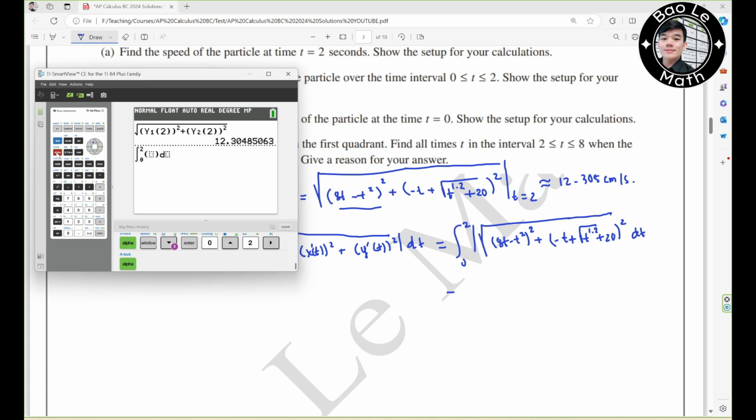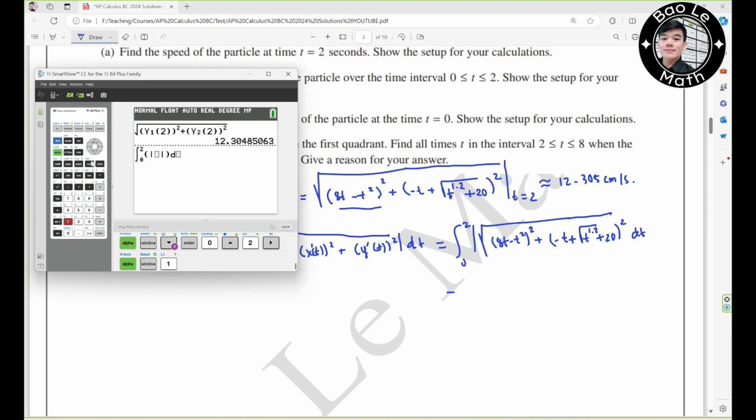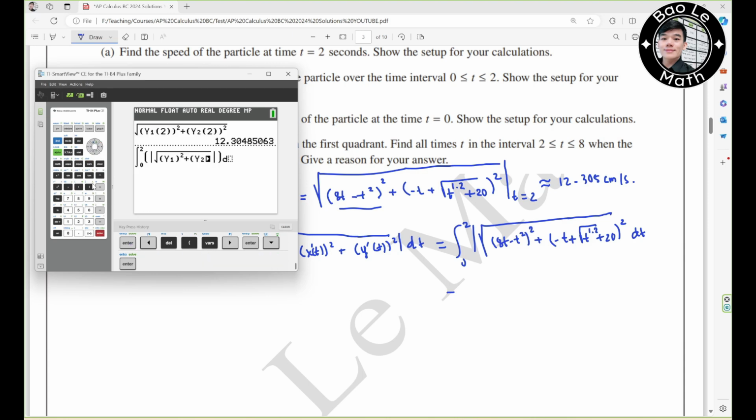Now alpha window again, hit absolute value, which is number 1, and then second square root. Parenthesis, VARS, Y-VARS, function, Y1, close parenthesis, square, plus parenthesis, VARS, Y-VARS, function, Y2, close parenthesis, square.